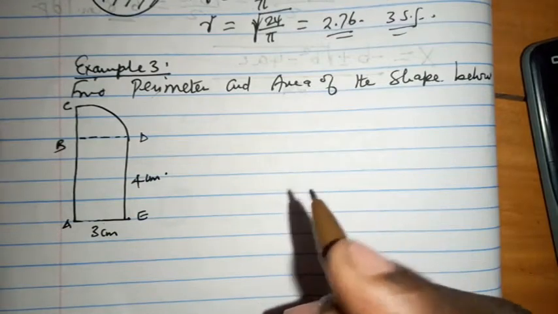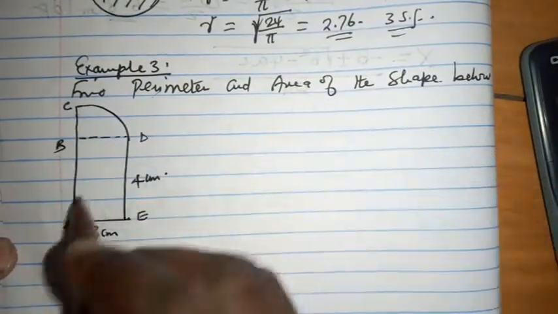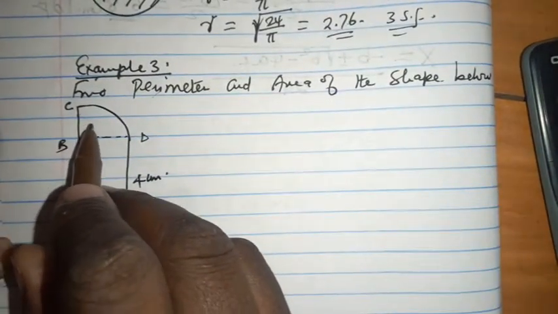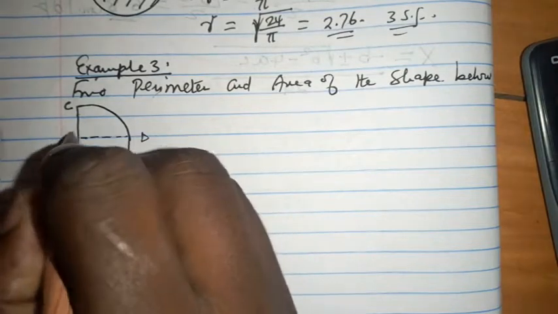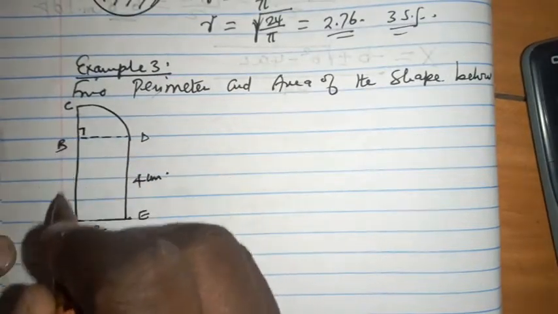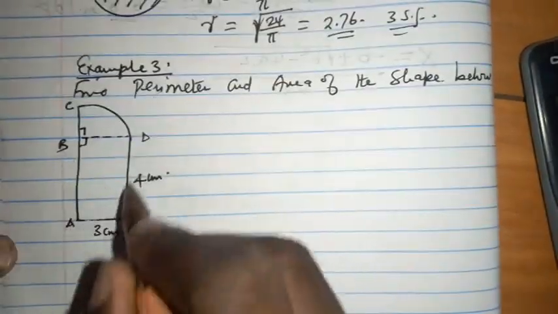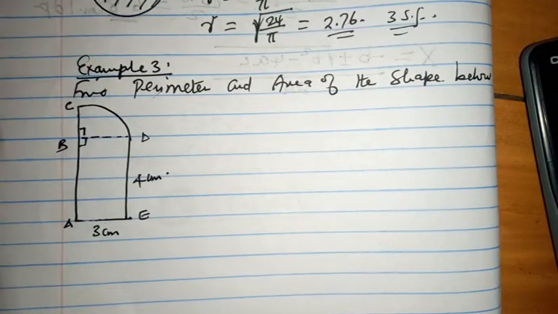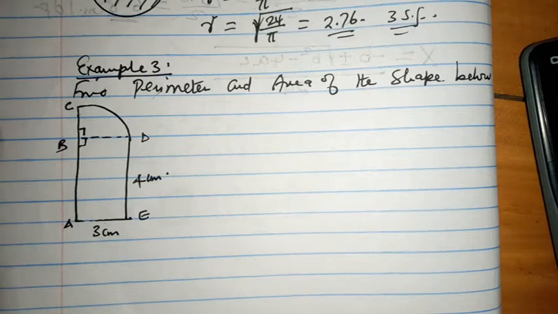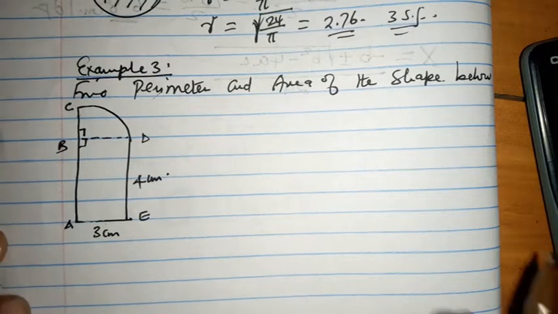We have to note that at the top we have a quarter of a circle. This is 90 degrees, of course, the straight line, and below here we have a rectangle. I don't know where we should start.